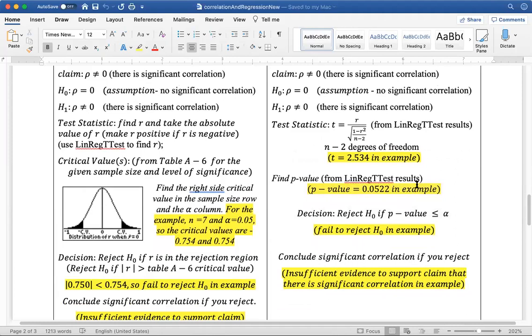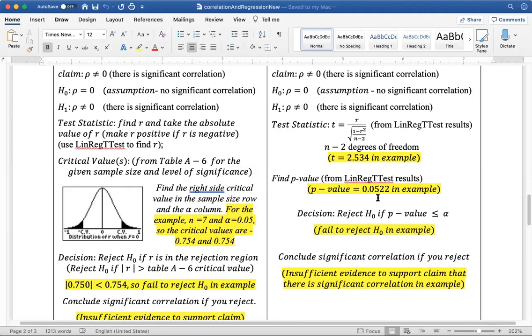How do we make our decision? We have a p-value, so we compare it to alpha. If it's less than or equal to alpha, we will reject H0. But our p-value was 0.0522, and let's assume for the moment that the significance level was 0.05. 0.0522 is greater than 0.05, therefore we will fail to reject H0.